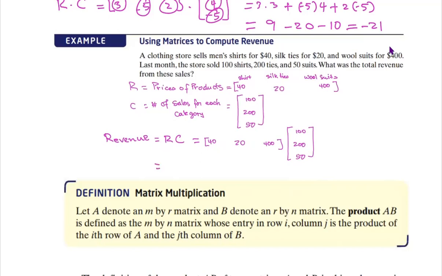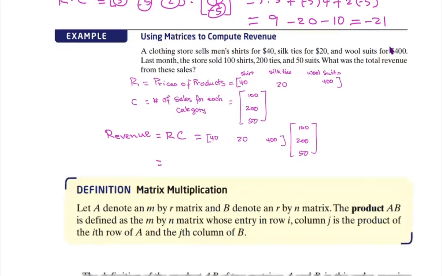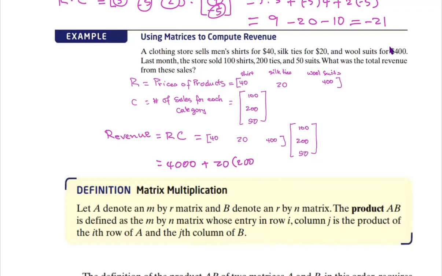That is 40 times 100, that's 4,000, plus 20 times 200, that's 4,000, plus 400 times 50. So the revenue for this entire sale is $28,000.